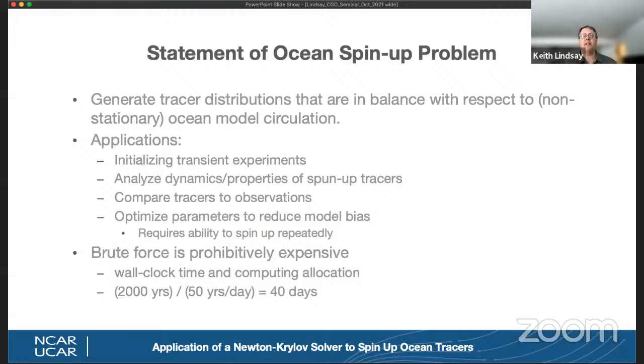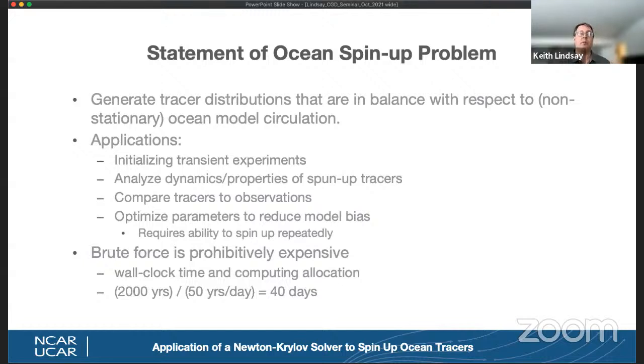So this means that spin up has to be feasible to do regularly if you want to get to doing the optimization of model parameters. And a challenge here is that running brute force ocean model spin up is prohibitively expensive, both from a wall clock time point of view and from a computing allocation point of view. We only have limited allocations of computer time, and we only have limited number of days in the year.